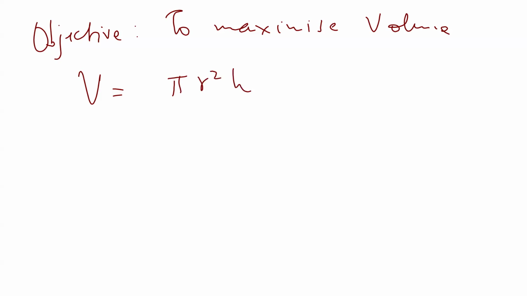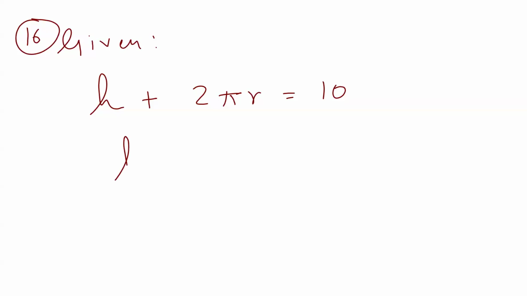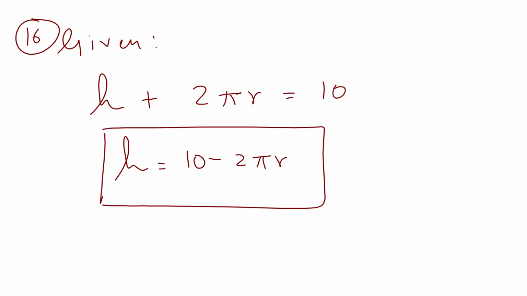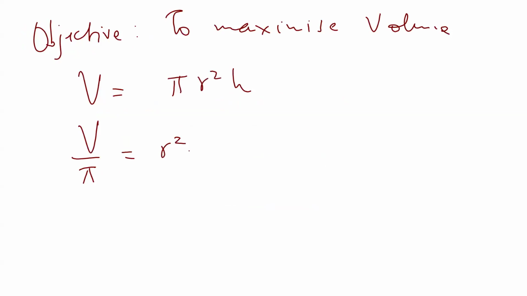Now r square I'm not going to disturb. I'll just find out the value of h. So v by pi is a constant, r square into h. Now h value is equal to 10 minus 2 pi r. Did you understand? Yes, sir. So 10 minus 2 pi r I am writing in place of h.